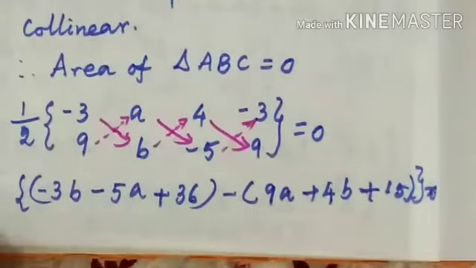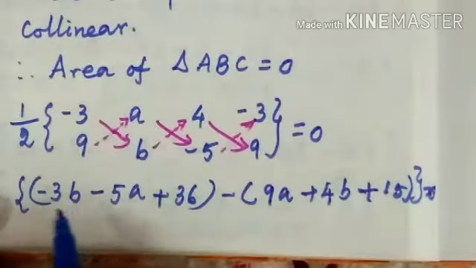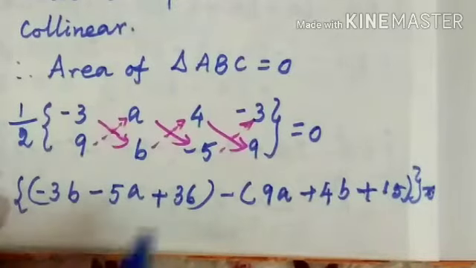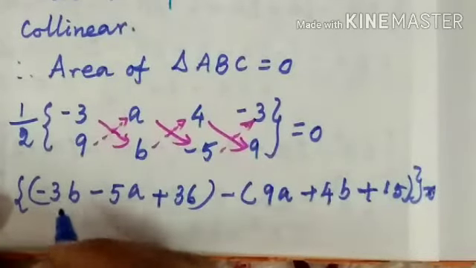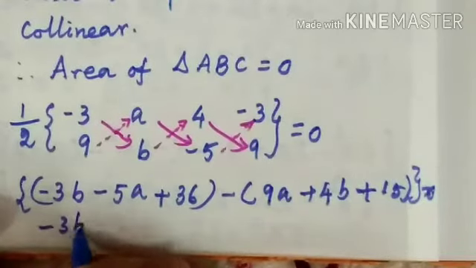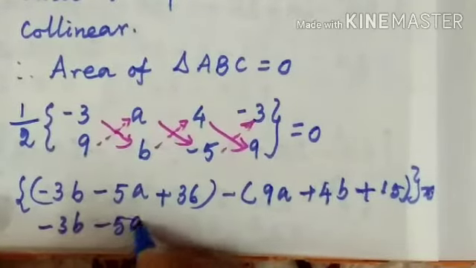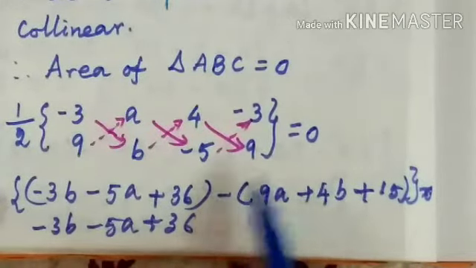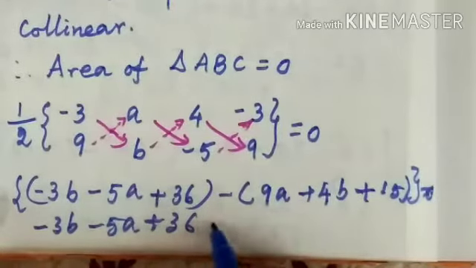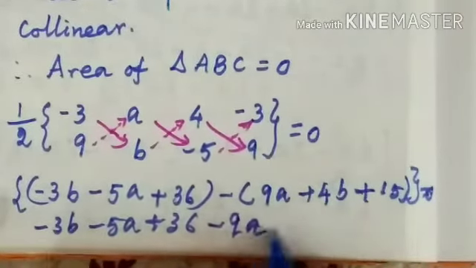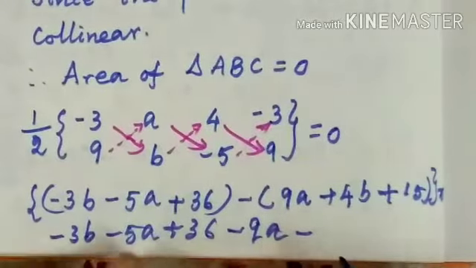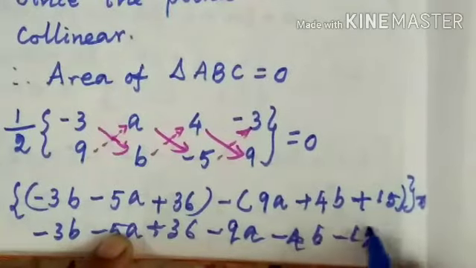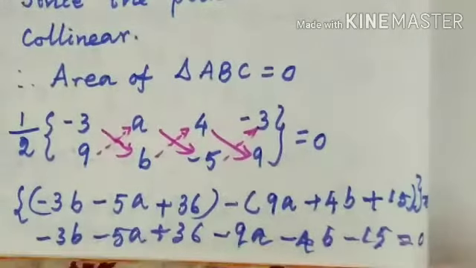Now you simplify this means we get minus 3b minus 5a plus 36 is a different term. So you write as it is minus 3b minus 5a plus 36. Now you multiply this minus and remove the bracket means we get minus 9a minus 4b minus 15 is equal to 0.